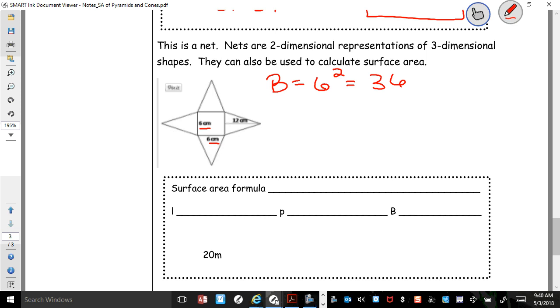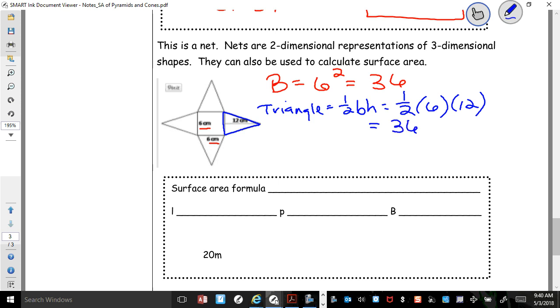Now if I wanted to do each shape individually, watch. I'm going to do just this triangle. What's the area for a triangle? Base times height divided by 2. In this case it would be 1/2 times 6 times 12. Half of 6 is 3, times 12 is 36. But that's only for one triangle.